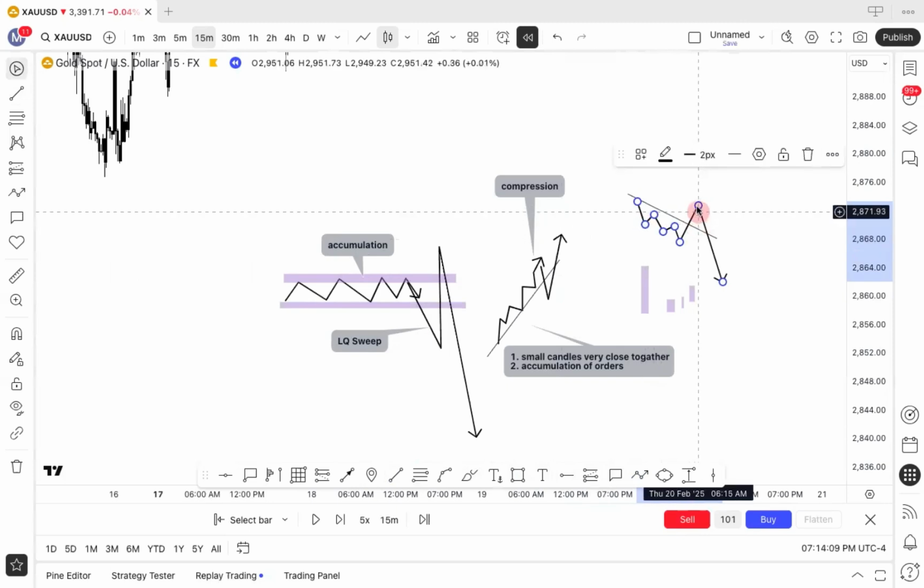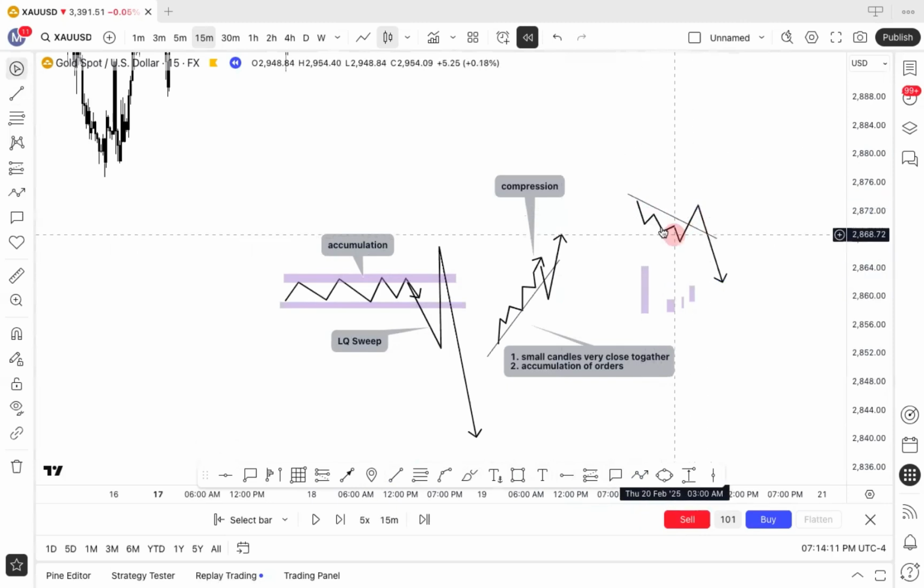Okay, something like this, right? So we have compression happening, and then price is going to reverse in the opposite direction. This is where the concept of trendline liquidity kind of lies, right? Sometimes we might not see it compress, but I like to use trendline liquidity when it is compressed because it's easier to look at it like that, right? Because when it is compressed, I know we have some orders there, right?